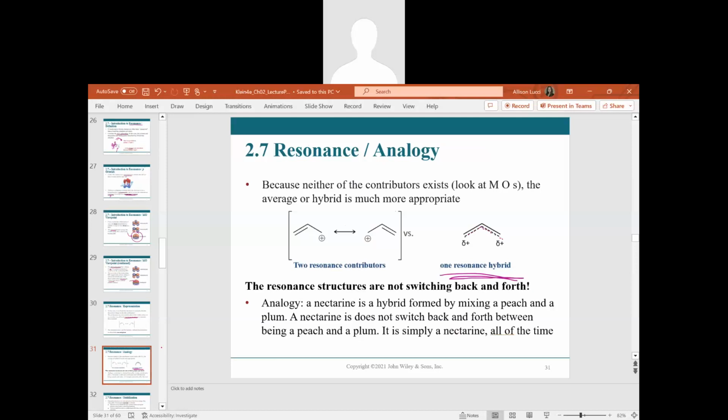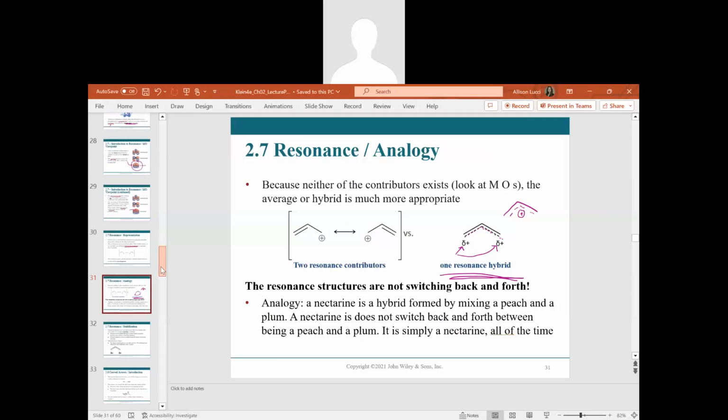And instead of having a formal charge on one carbon atom, we have this partial, or lowercase delta, plus symbol here, a partial positive charge spread out amongst the whole molecule. Sometimes you might even see something like this as well, with a positive charge just evenly distributed in the middle. So there are a few different ways of representing resonance.